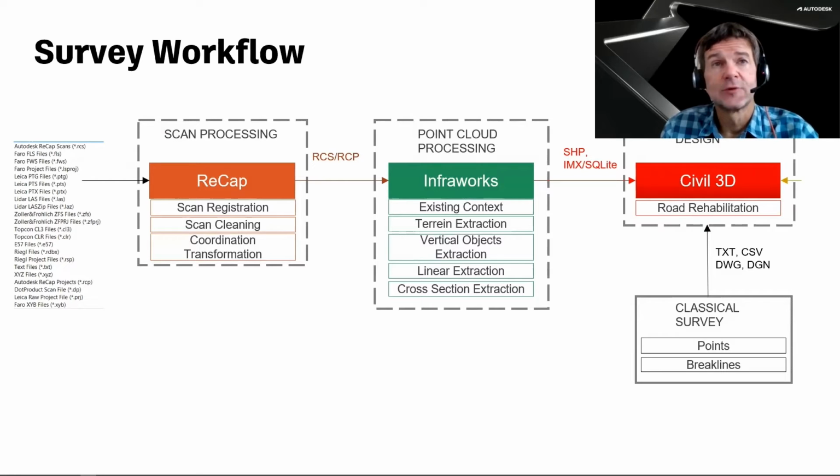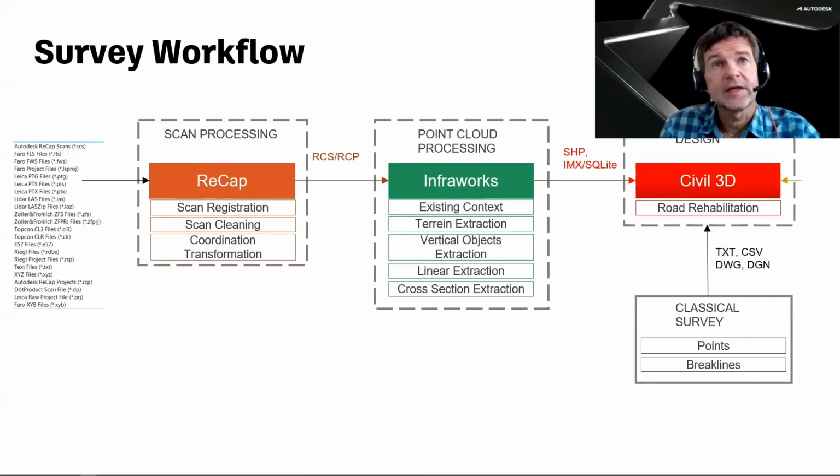This is also possible in Recap. Then Recap can export a file format which is readable by our software. Now I'm talking about infrastructure, but these RCS and RCP files are also readable by Revit, which is for building design, and by Inventor, which is for manufacturing design. So this is the solution, Recap, for processing laser scans.